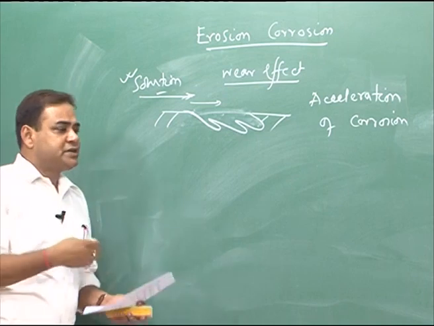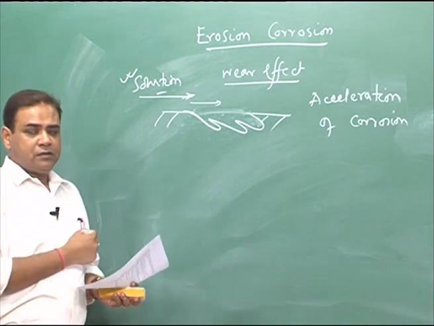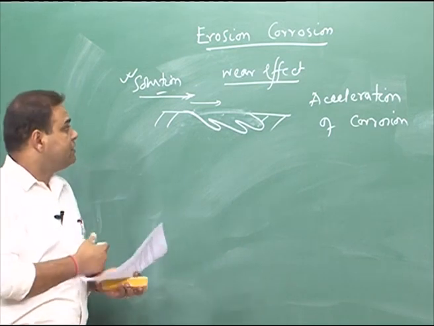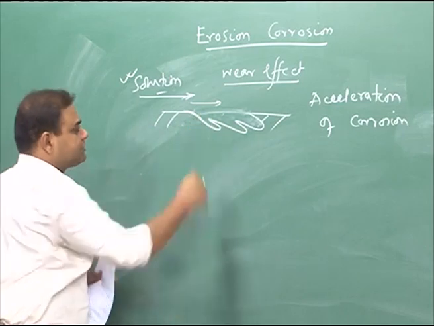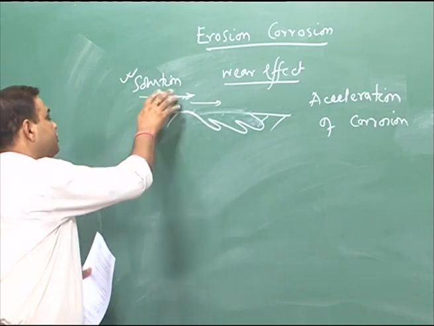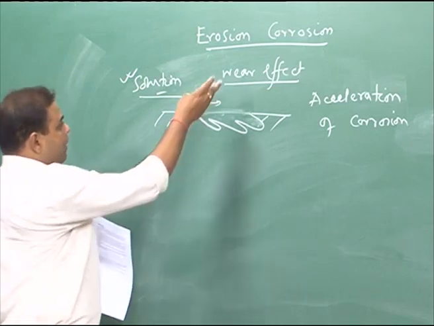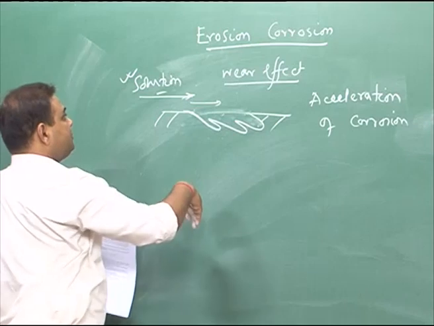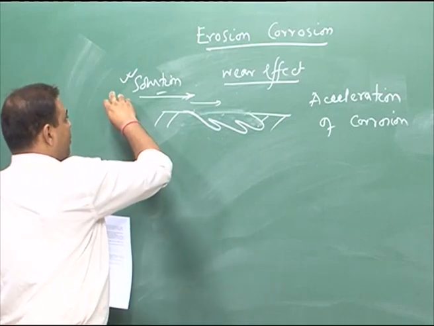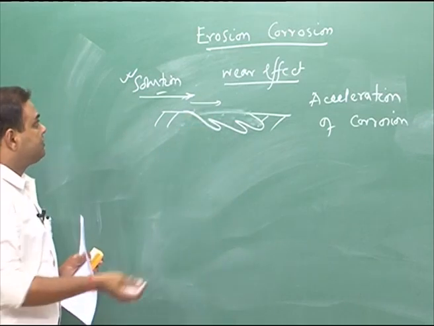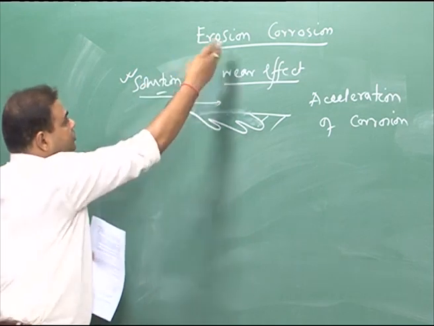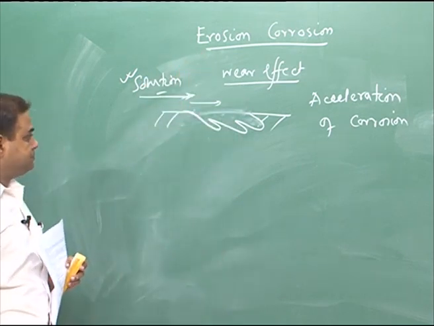If the solution contains a lot of dust particles or is in the form of slurry, that would also give a wear effect on the surface if the solution velocity is very high. So, there is the wear effect as well as corrosion, and even if the wear effect is not there, only because of this movement there would be acceleration of corrosion.